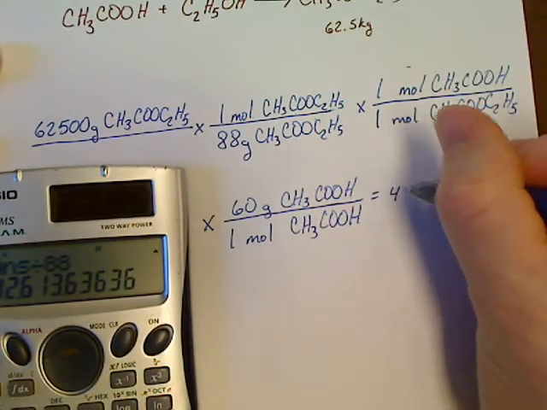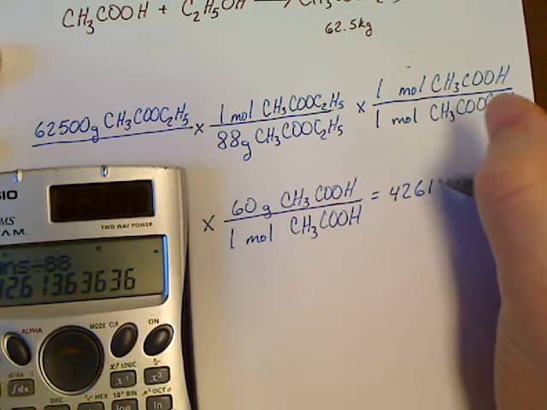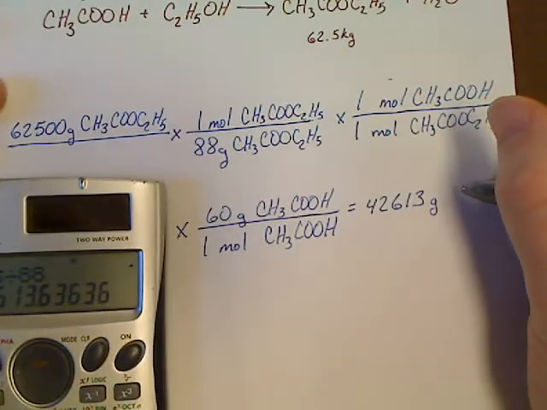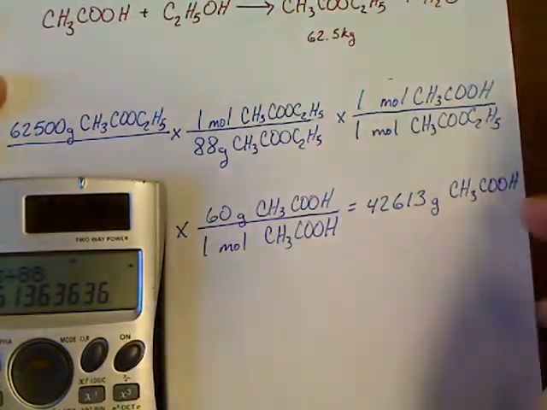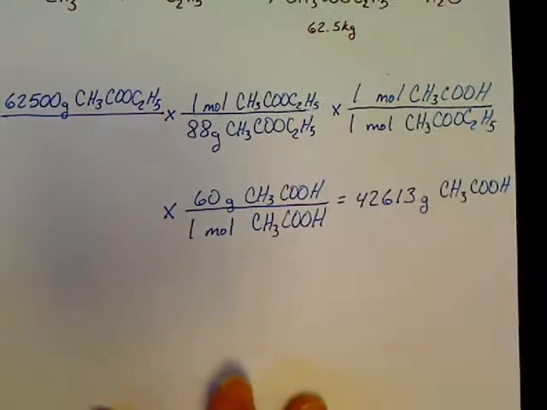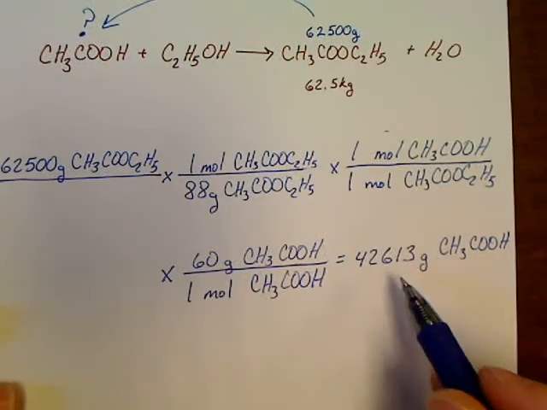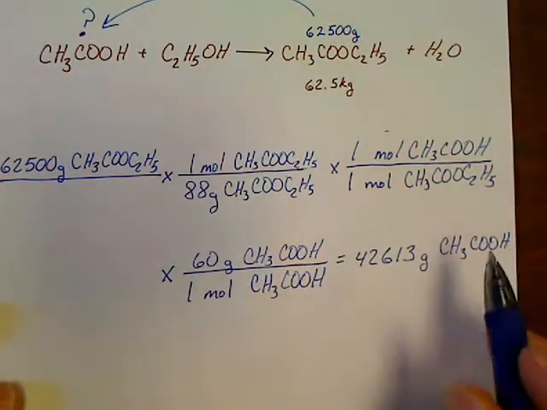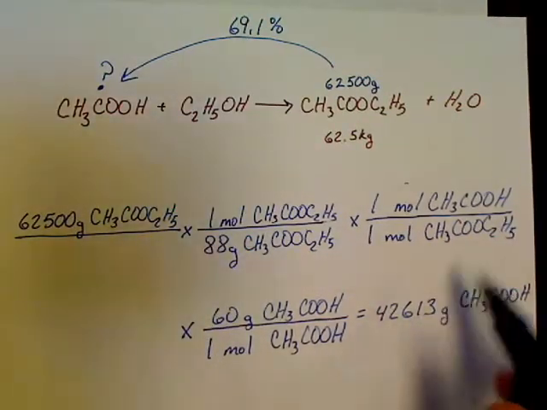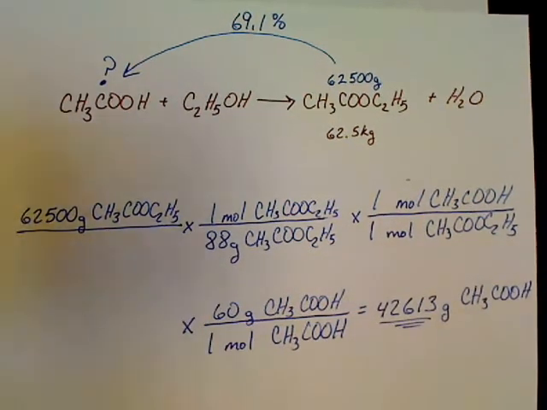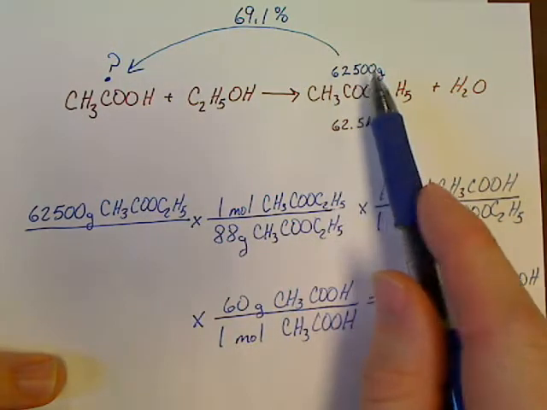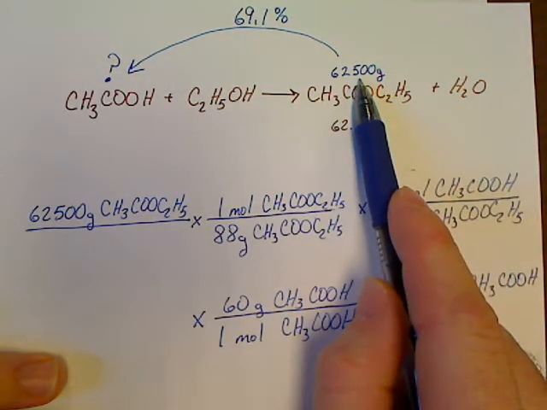So this is 42,613 grams of CH3COOH is what is in this. Now, here's the thing. Just like the last problem, this is not the answer. If we actually start with 42,000, in other words, if this is what we start with, we will never get to 62,500.